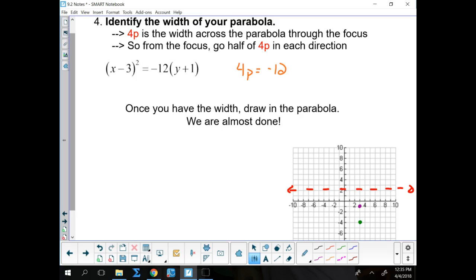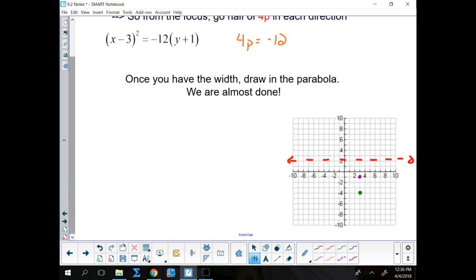So that distance on this horizontalness right there is 12, or that width is 12. So half of 12 is 6.